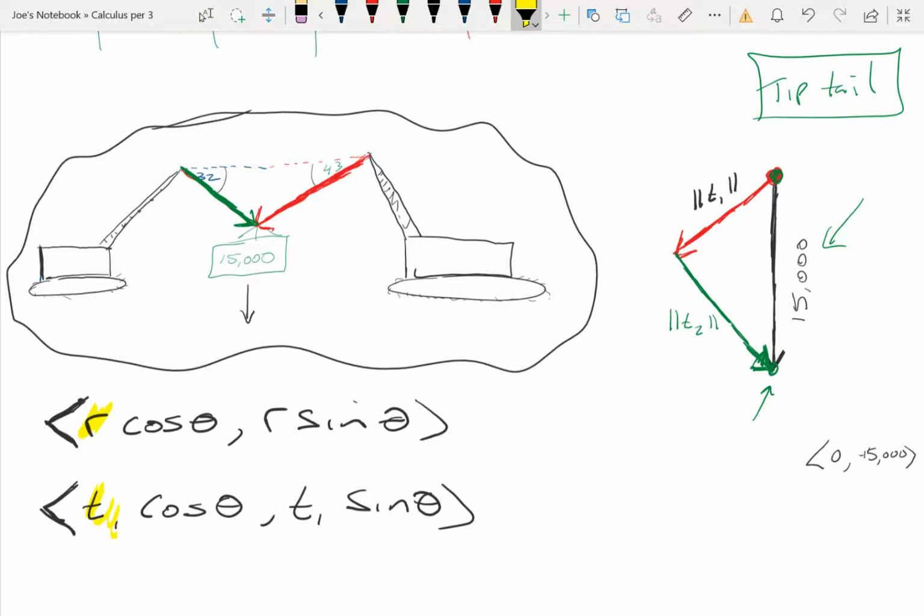We just called them different things. And I'm going to do the same thing for the second vector. So it's going to be tension 2 cosine of theta, tension 2 sine of theta.